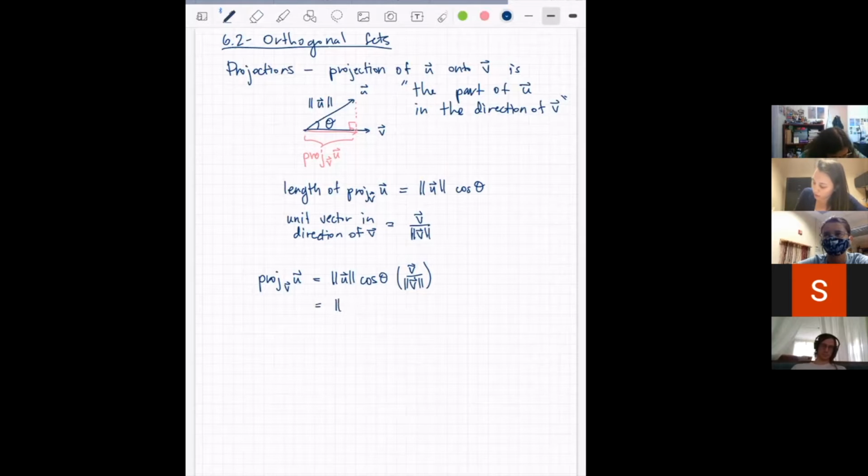So we'll have norm of U times cosine theta over norm of V, times V. This part is a scalar, and then we're multiplying it by the vector V. Okay, now I can multiply the top and bottom of this fraction by the norm of V.